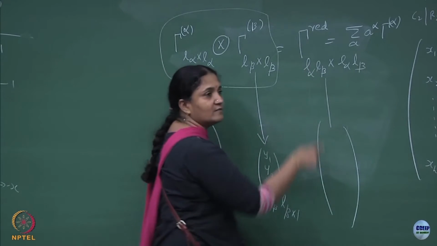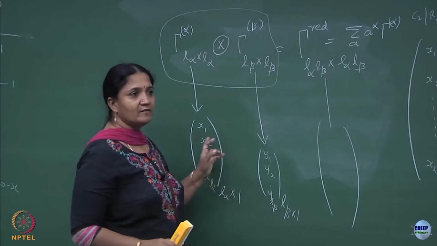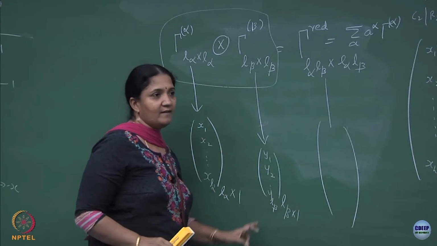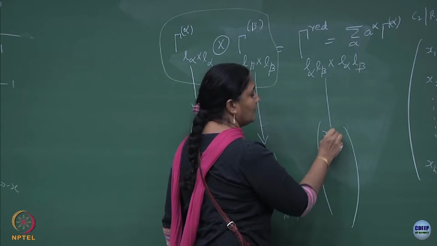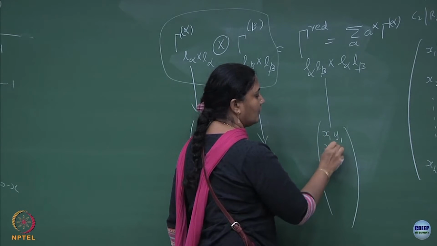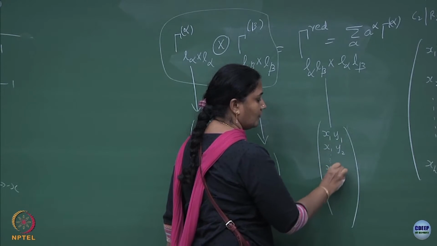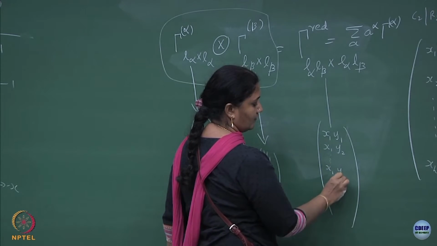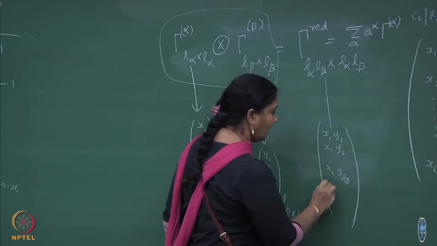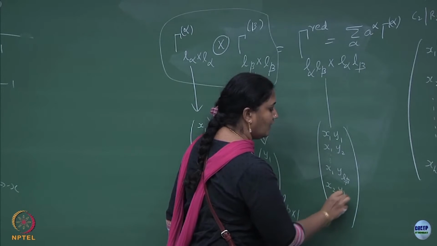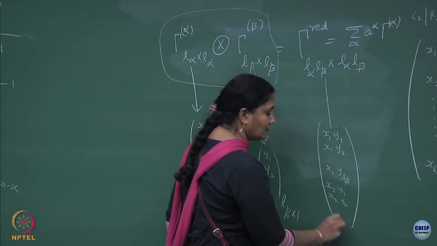What will be this? I said that when you do a tensor product, take the first one and multiply everything. So, what will this be? x1 y1, x1 y2, up to x1 y L beta, and then x2 y1, x2 y2 and so on.